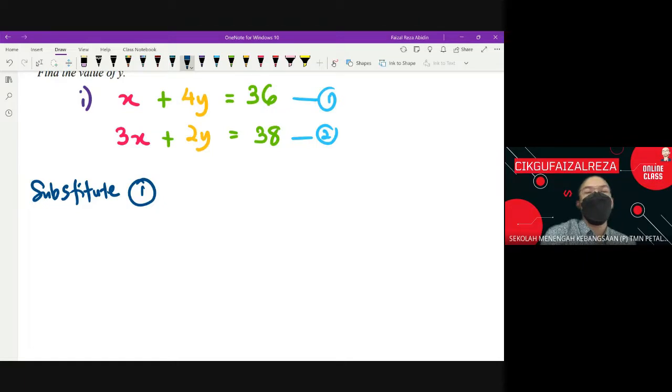From x plus 4y equals 36, I'm going to get x equals 36 minus 4y. From the first equation, I'm going to get the value of the unknown x. So I'm going to bring 4y to the right side.